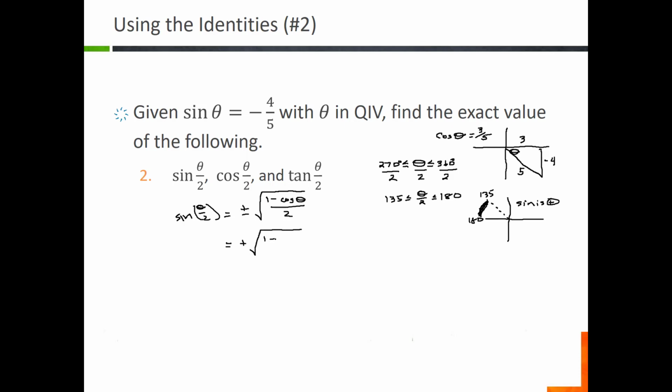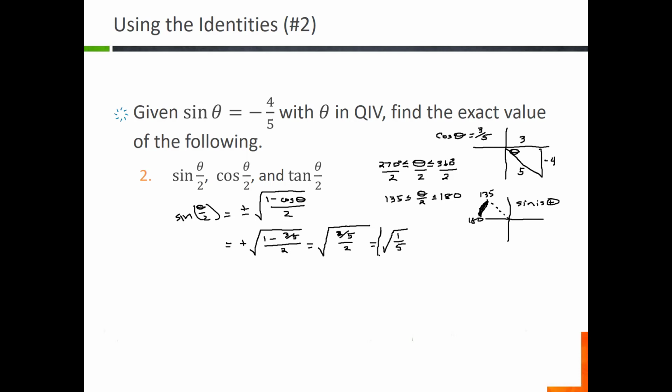So we have a positive square root of 1 minus cosine, and we already said cosine was 3/5, and that's over 2. So all that's left here is to simplify this. We're going to have the positive square root. 1 minus 3/5, you could think of this one as 5/5, so 5/5 minus 3/5 is 2/5, and that's over another 2, and then half of 2/5 is 1/5, so we're going to have the square root of 1/5.